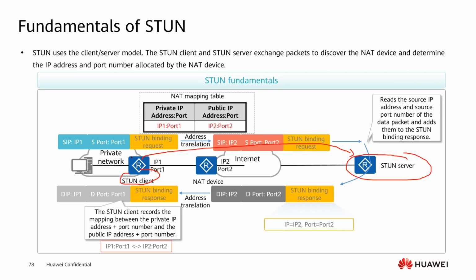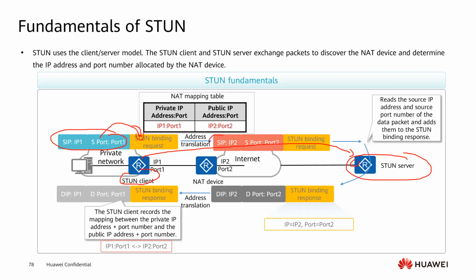This must be a public IP network. The STUN client will send a STUN binding request. Inside this binding request, there will be an IP address for itself. This will be put into here.